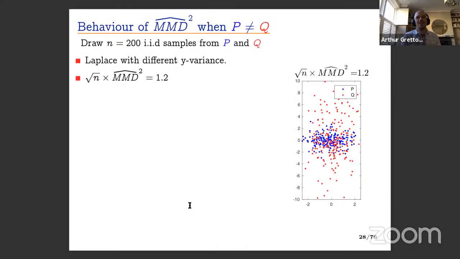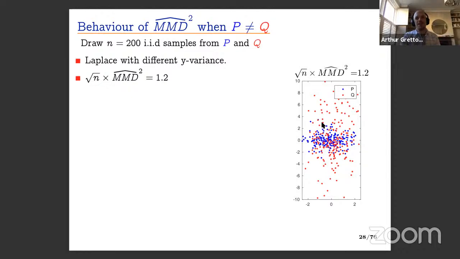To get a threshold like this, I need to explore a little bit the behavior of the maximum mean discrepancy when I'm computing it from samples. I've talked a lot about what MMD looks like when I've got infinitely many samples in the population setting. But now what happens when I'm computing it from samples? I'm going to look at a little example here.